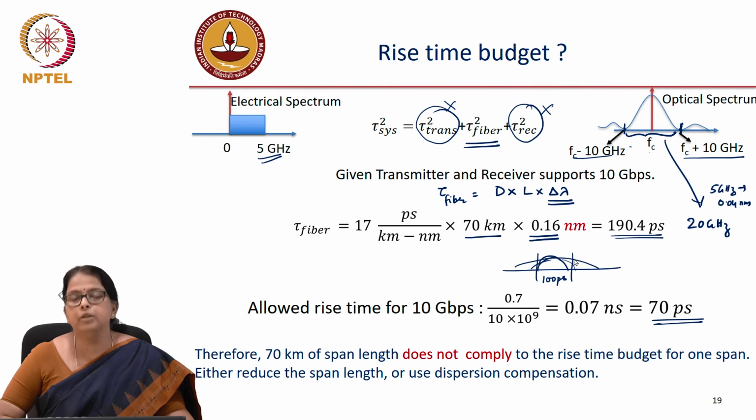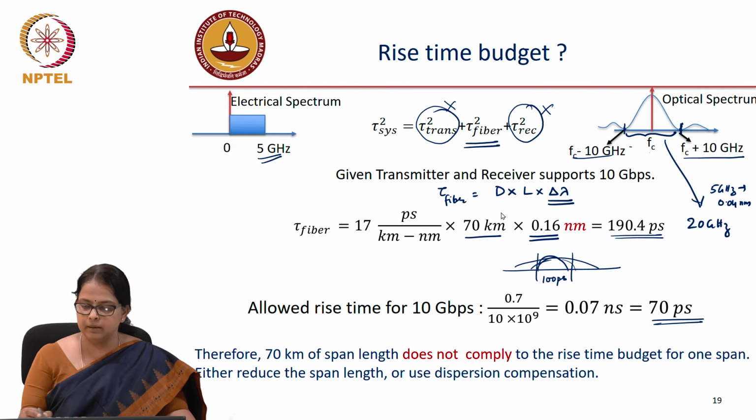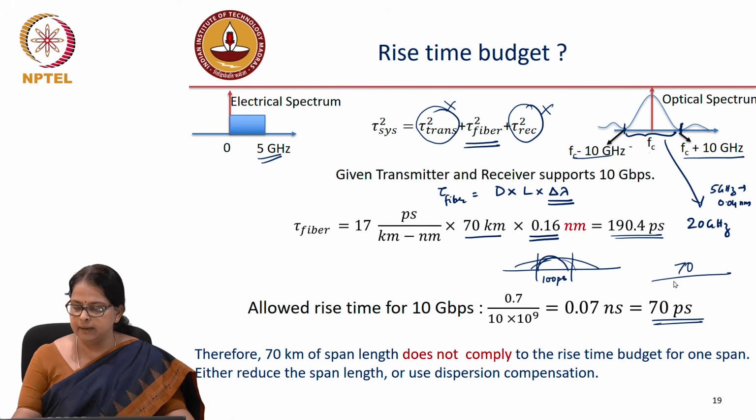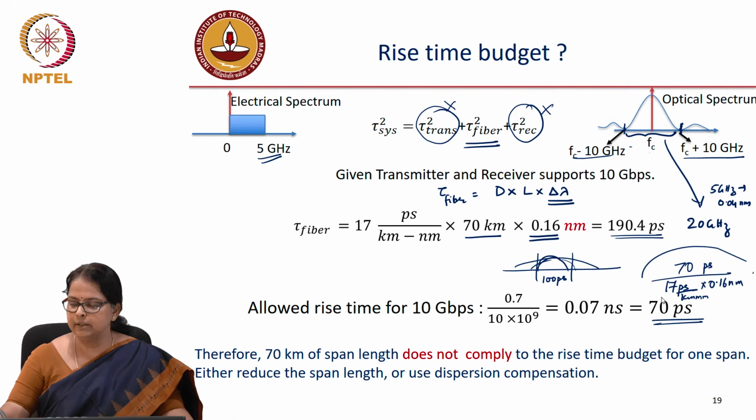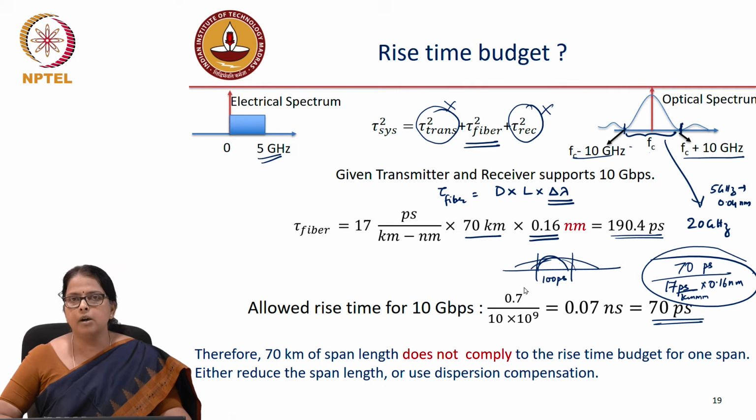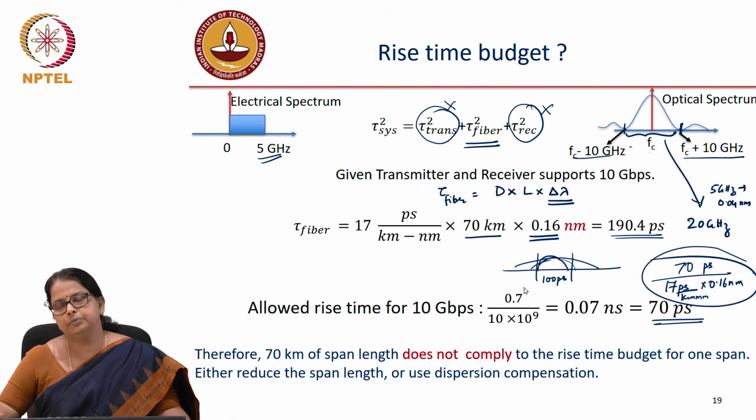So either we have to reduce the span length to what number? To a number which corresponds to 70 picoseconds divided by the dispersion, which is 17 picosecond per kilometer nanometer, multiplied by 0.16 nanometer. You have to reduce the length to this number, or you have to do dispersion compensation.